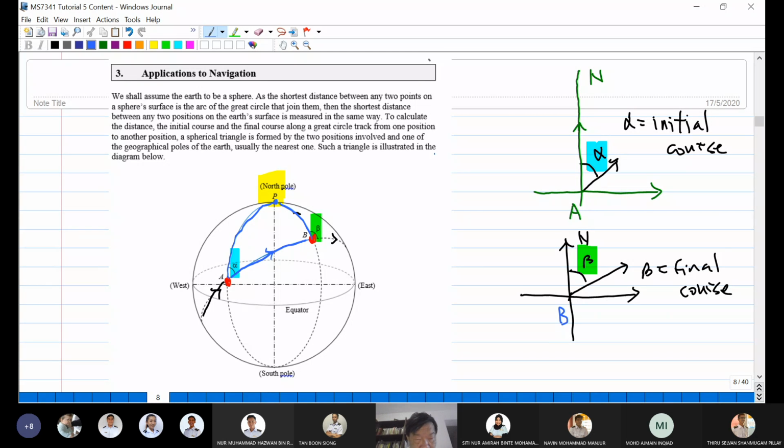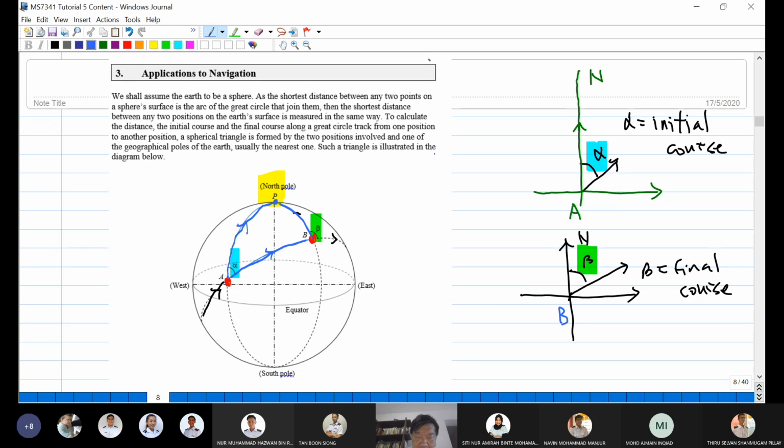Now if you remember the direction of the North Pole, usually we use this one. Look at the diagram here. The angle alpha, indicated in blue, is actually the bearing of the ship heading. This is called the initial course. So the ship is heading in this direction.